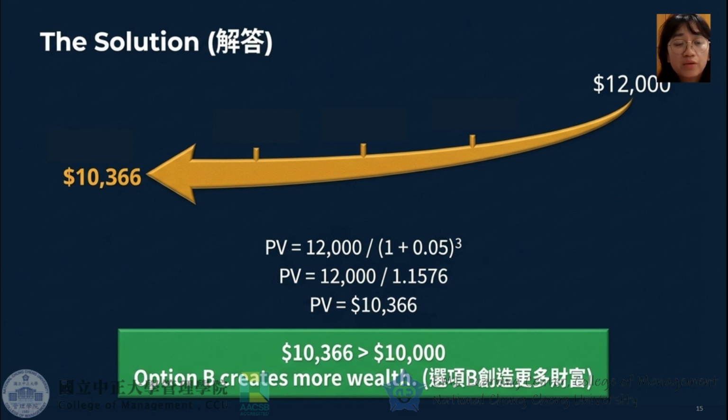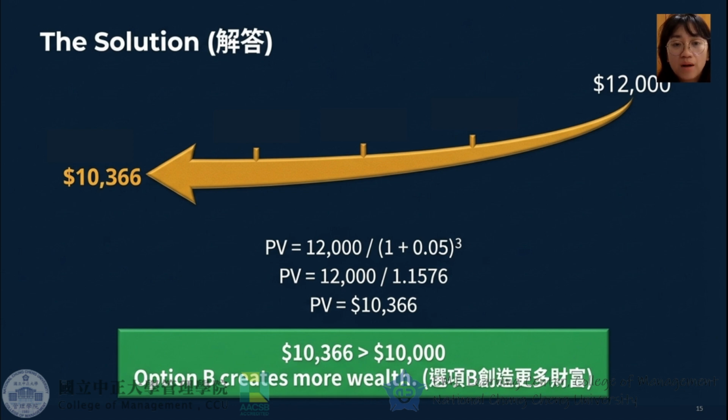The present value is 10,366. Because 10,366 is greater than 10,000 offered by option A, option B creates more wealth.